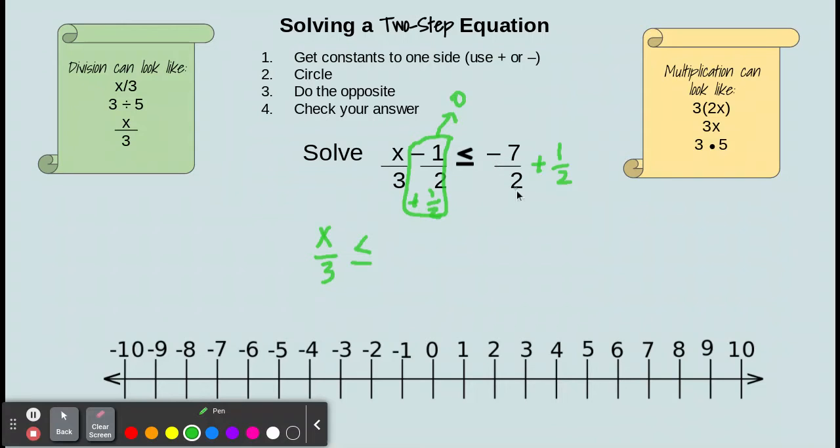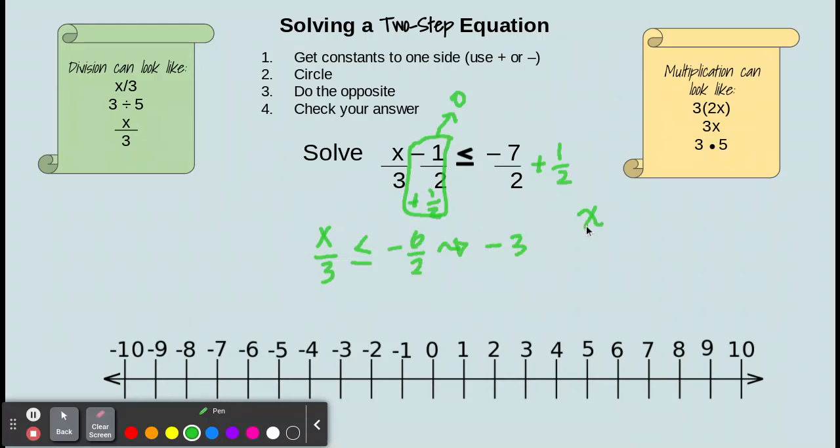And then negative 7/2 plus 1/2 is what? Negative 6/2. But that's the same as negative 3, right? Negative 6 divided by 2 is negative 3, and 2 divided by 2 is 1. Okay, so this fraction can be simplified down to negative 3.